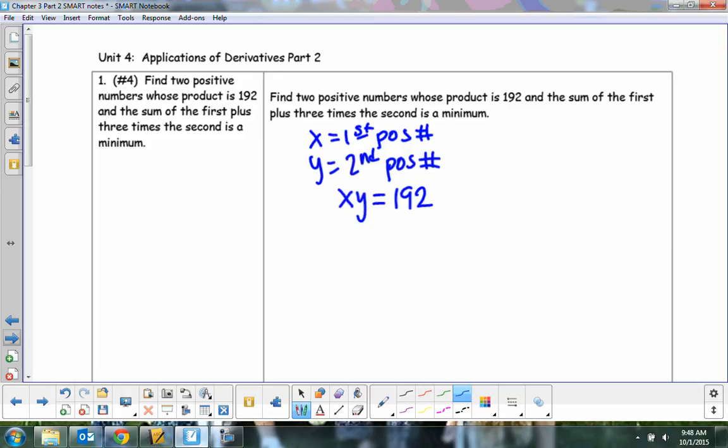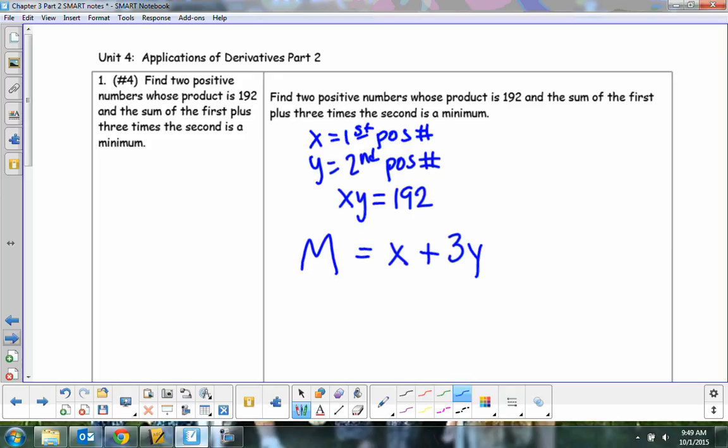Okay. So then it says the thing that we want to minimize, so you can call this whatever you want. I'm just going to call it m, since that's what we're wanting to minimize or maximize in this. Okay. So this equation that I want to minimize would be what? The sum of the first, so the first is x, and then the sum means to add, plus 3 times the second, so 3y is a minimum.